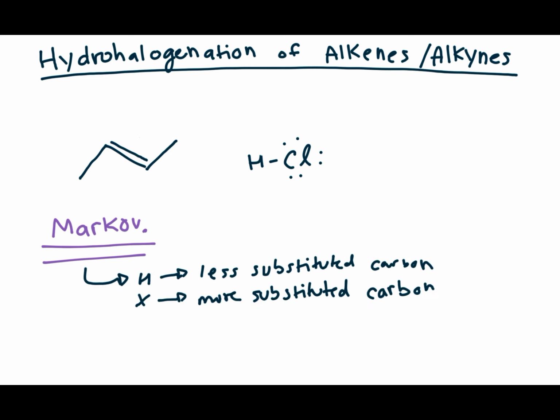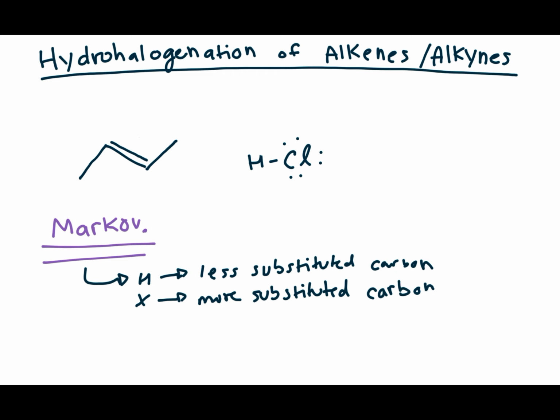And the X, which is the halogen, so in the example above, that's the chlorine, will go to the more substituted carbon, as that is the better steric position. And when we think about it, this makes sense because when the hydrogen from the hydrogen halide is added to the less substituted carbon, then a more stable carbocation can be formed.